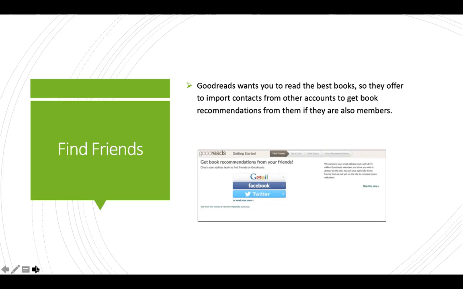So it's not like other social networks like Facebook or Instagram. You can use your contacts from those websites. So it does ask if you want to pull any of your friends from those places, but each step of the way you do have a button to skip the step. So if that's not something that you quite care about, you can always hit that button.